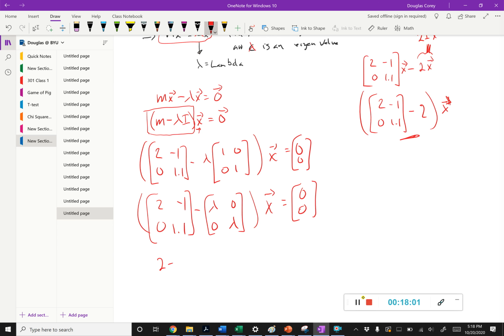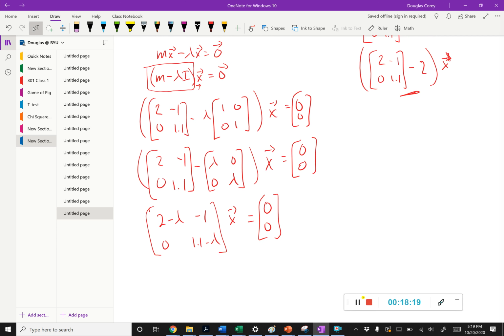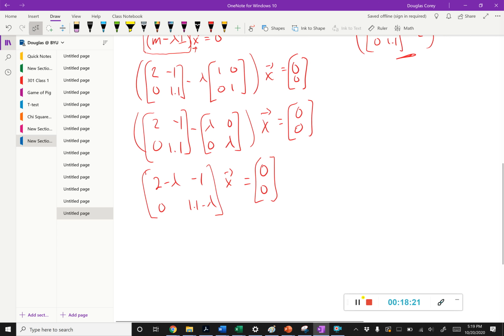And so I get 2 minus lambda, minus 1, 0, and 1.1 minus lambda, times x bar equals 0, 0. And there's a couple different ways we can do this. We have two options. One, I can augment and row reduce. I can also use the determinant.